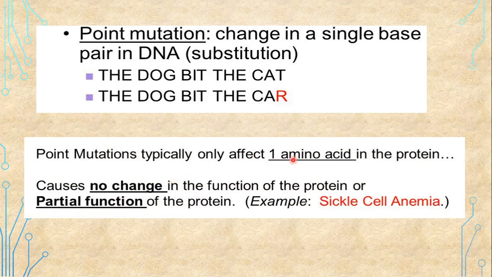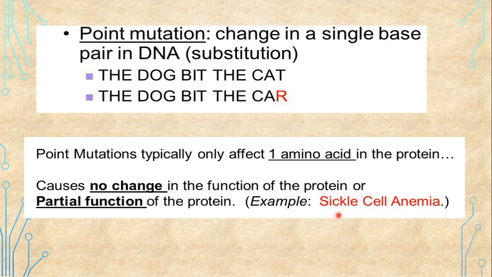Point mutations affect one amino acid in the protein, cause no change in the function of the protein, or even if they cause a change, there will be some partial change in the functioning. Like in this case, you see, the dog bit the car. Of course, it has changed the meaning, but it is conveying some meaning.